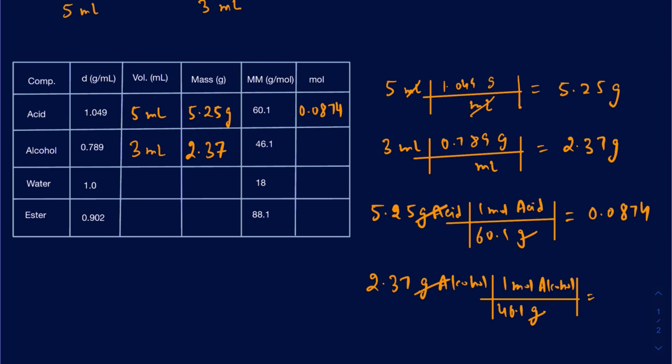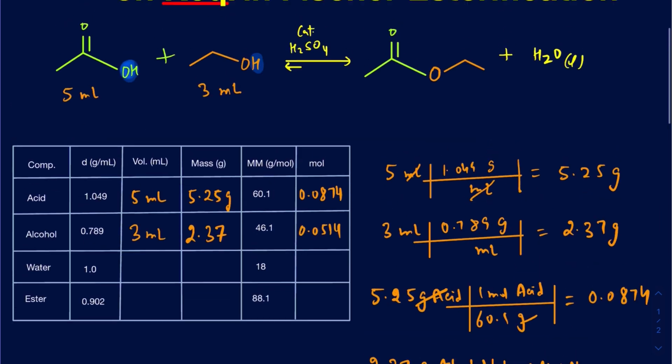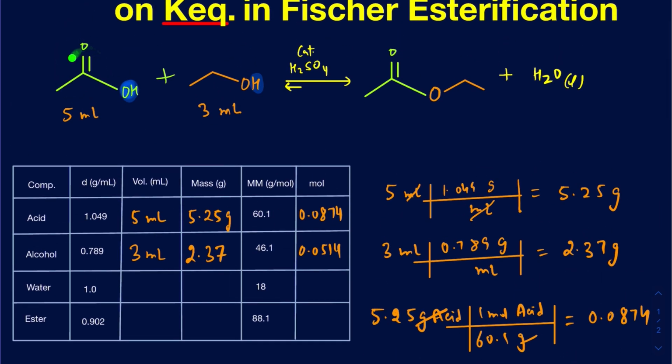Make sure your units cancel out, and only the units you're looking for remain. So this is going to be 2.37 divided by 46.1. That's going to be 0.0514. Okay, so I can just go ahead and write those down. 0.0514. So you can clearly see this is a 1-to-1 mole ratio on all those.